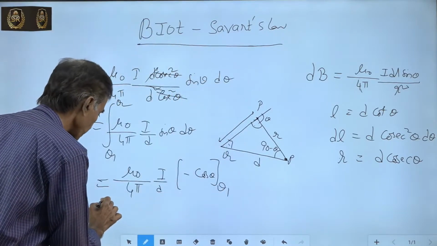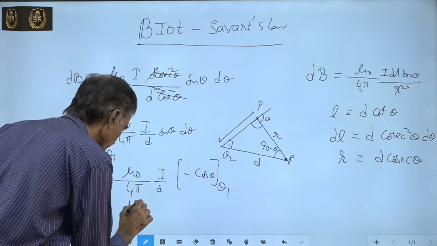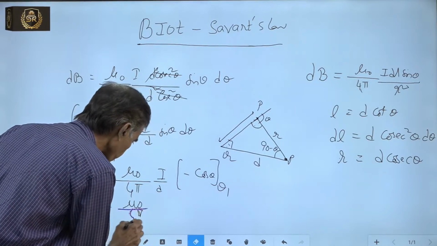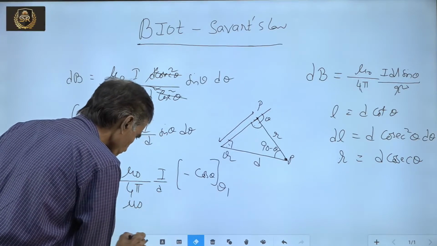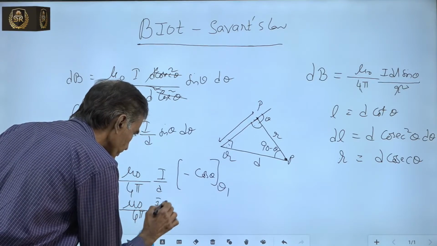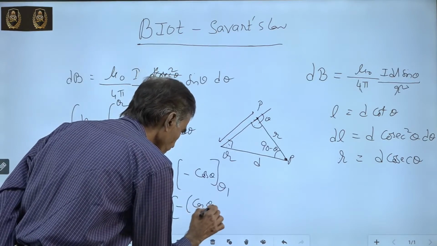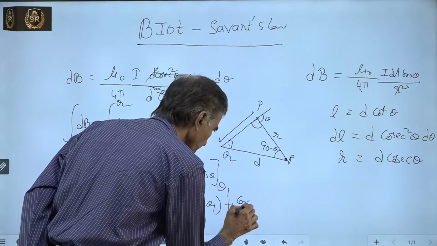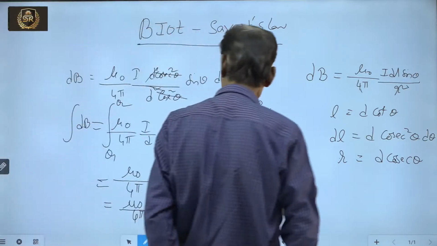So that will be mu naught by 4 pi into I by d into minus of cos theta 1 minus of minus plus cos theta 2. Right. So that finally is our answer now.